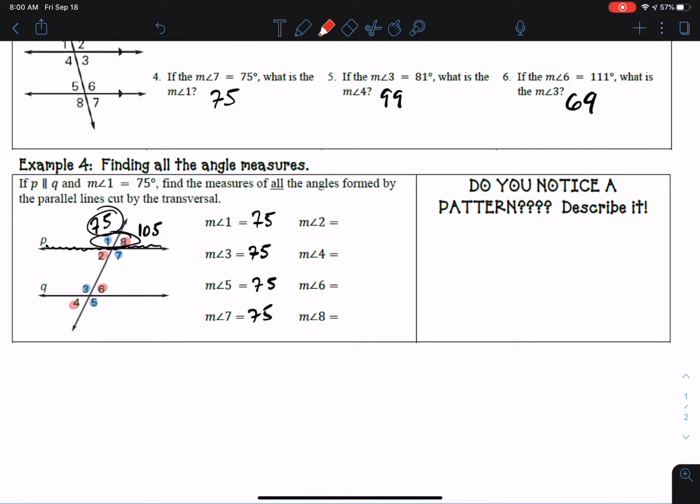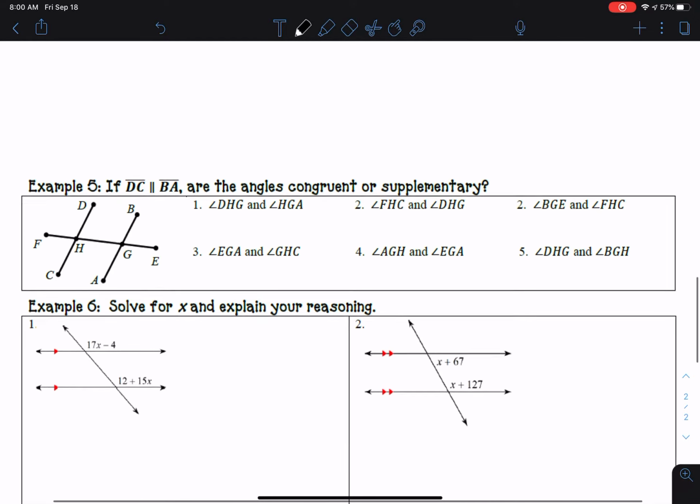Well, they're technically small according to the picture, but they would all be 105. So 105, 105, 105, 105. And we're all done. Hopefully you can see some type of pattern whenever I highlighted them in blue and red. I'll let you come up with it. Let's keep on moving along.